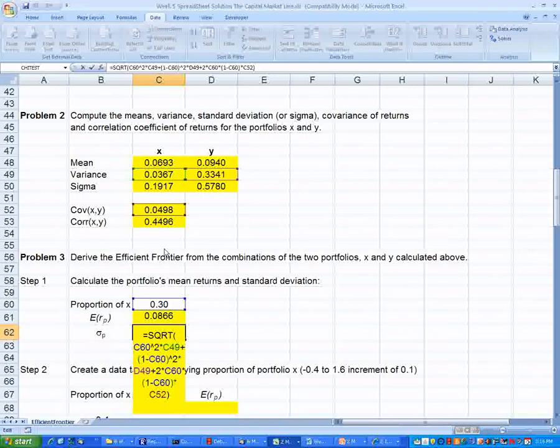And likewise, we're using the two-asset portfolio standard deviation or variance calculation. We're multiplying the weight of X squared by its variance, the weight of Y squared by its variance, and then 2 times the weight of X, the weight of Y, and the covariance.